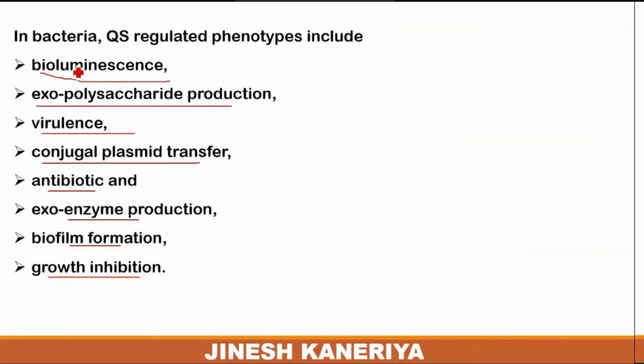So these 7 to 8 characters are involved in the quorum sensing mechanism: bioluminescence, exopolysaccharide production, virulence, conjugation or plasmid transfer, antibiotic production, exoenzyme production, biofilm formation, and growth inhibition. These are the applications of the quorum sensing mechanism.